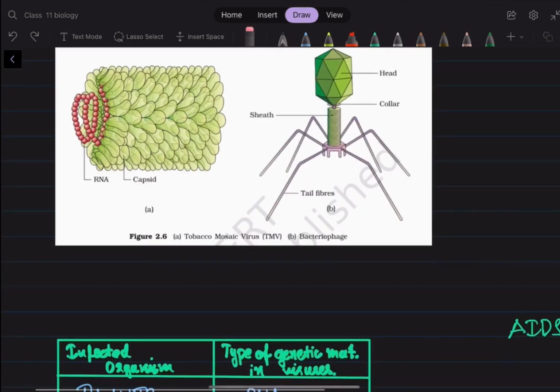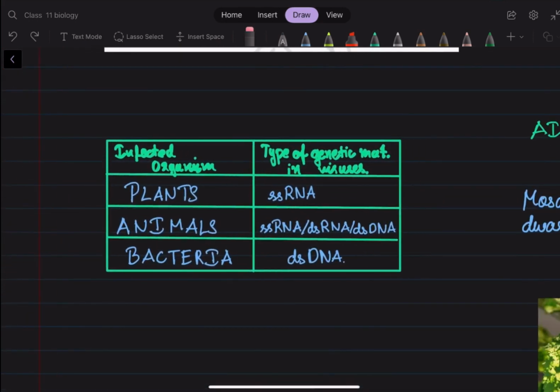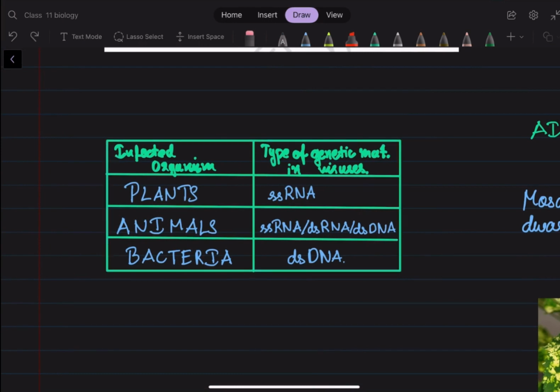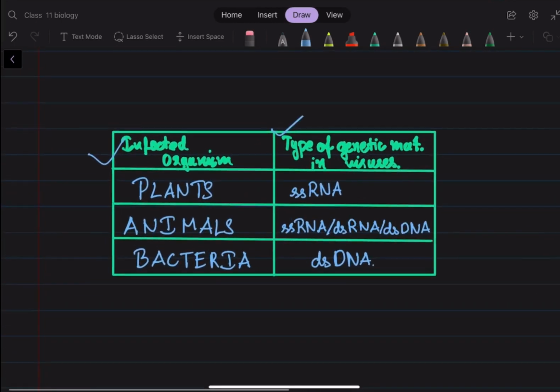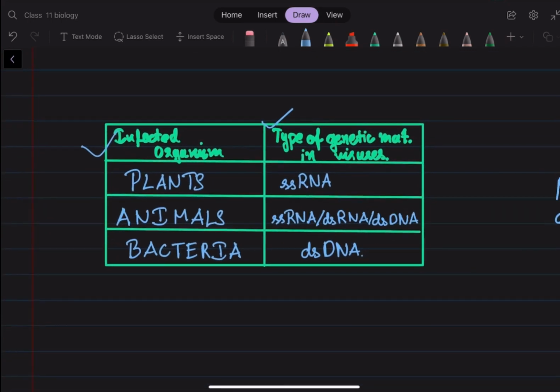We have noticed that depending upon the organism that the virus infects, there is a pattern of the type of genetic material found in the virus.